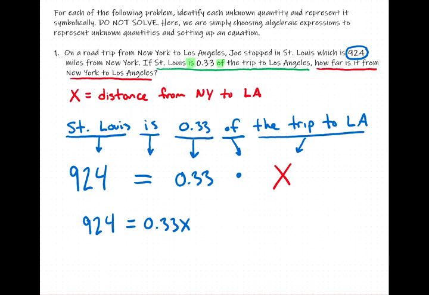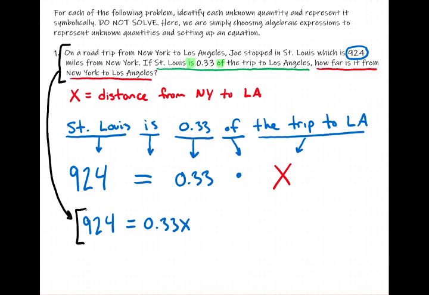Okay, so what we've done is we've taken a word problem written in English and we've translated it to another language, the language of mathematics. And this is called mathematical modeling. A model is an equation. So you're using an equation as a model for some real-world situation.